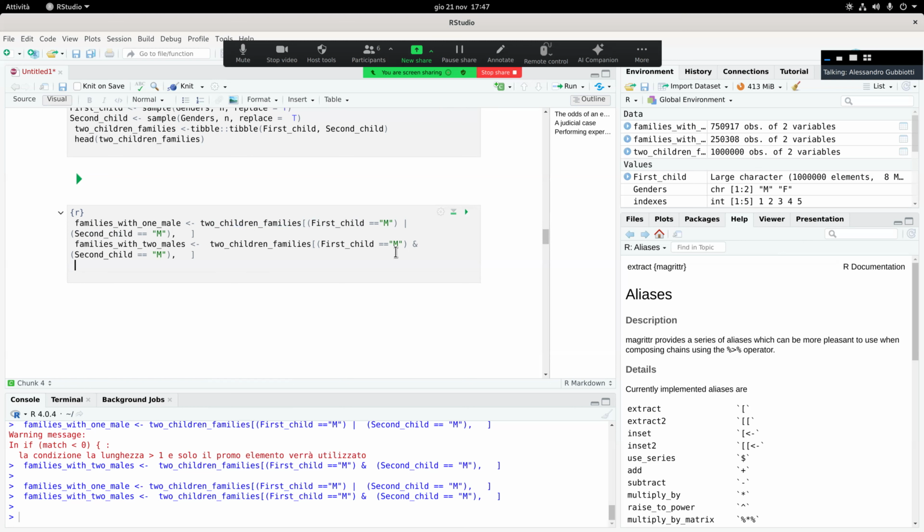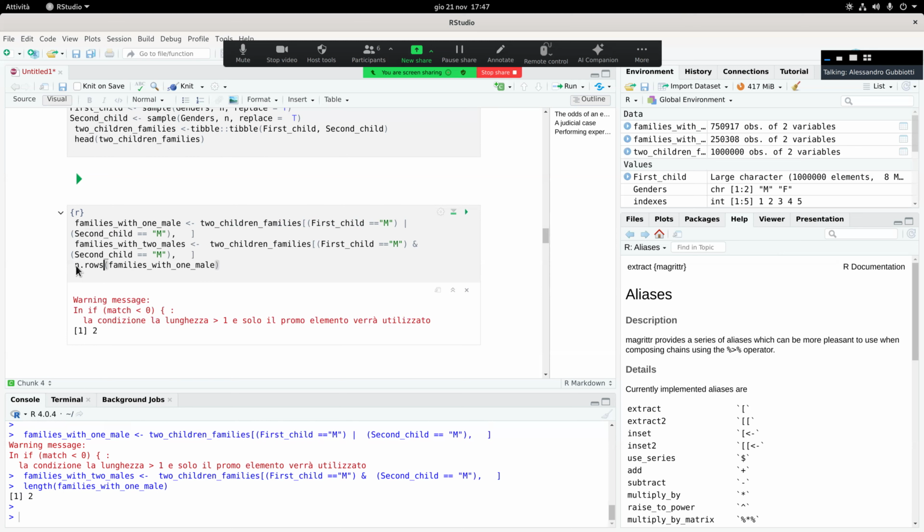The number of elements, I guess, is computed using length. Let's check if this notation is correct. Not length, but number of rows.